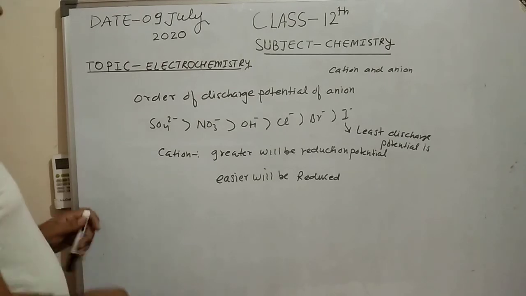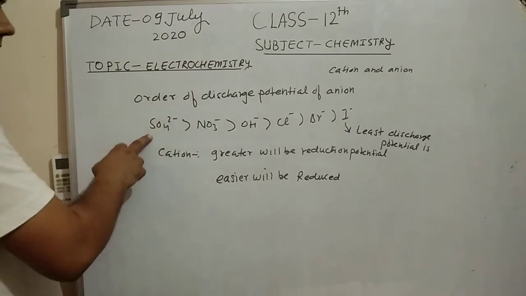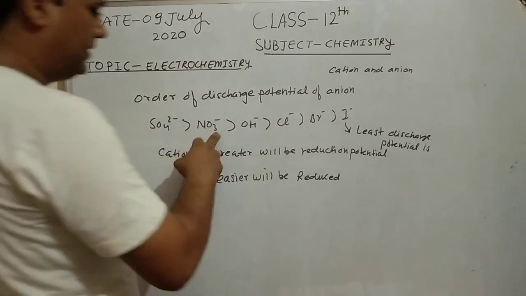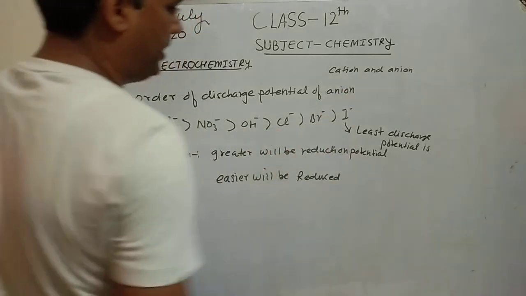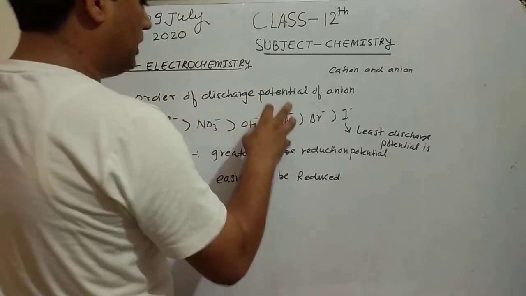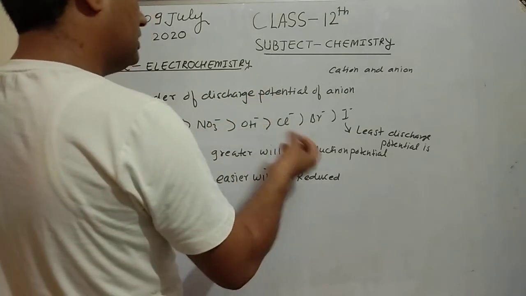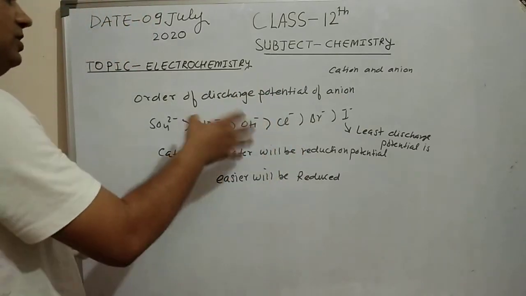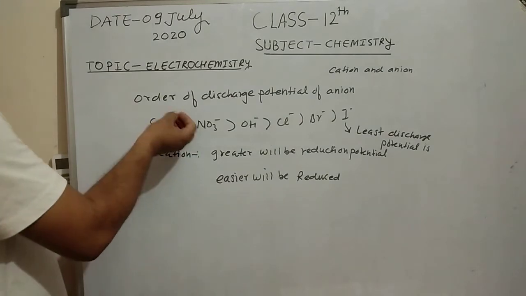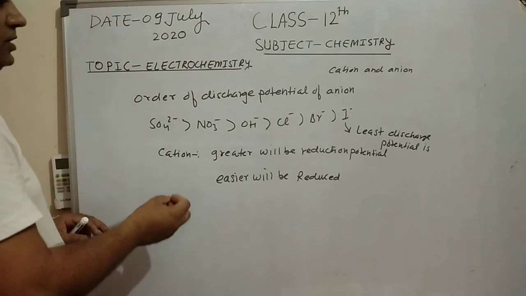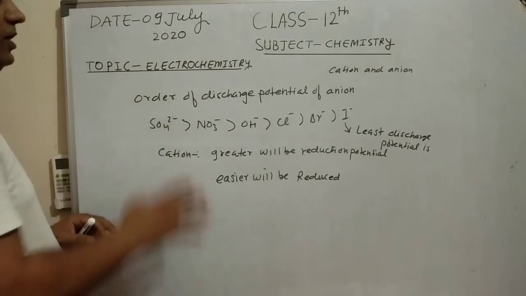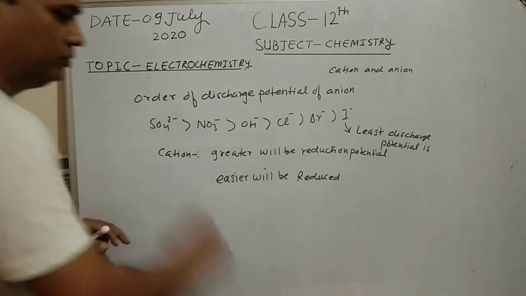So, the order of discharge potential for anions: SO4 2- greater than NO3- greater than OH-, Cl-, Br- and I-, which has the least discharge potential. The ion which has less discharge potential is easily oxidized in case of anions, but in case of cations, the one which has more reduction potential will be easily reduced.